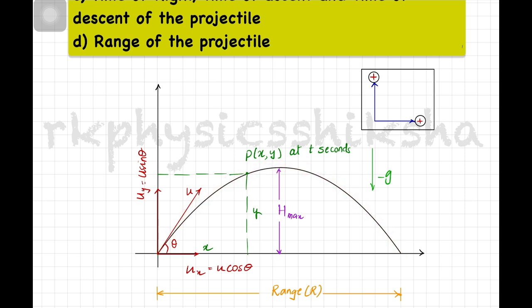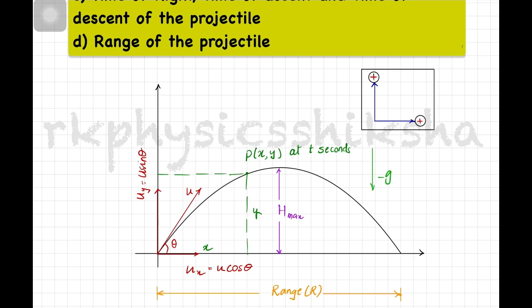All these terms we will be calculating now, and we will also prove that the trajectory of a projectile is a parabola. The trajectory is this, the path of the projectile. For this, I see we have different sign conventions, meaning taking the values of distance and velocity as positive or negative, and that confusion will be there.